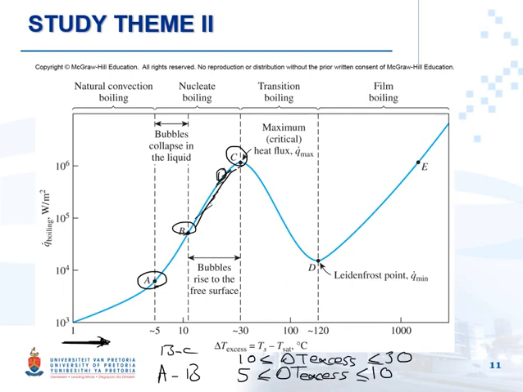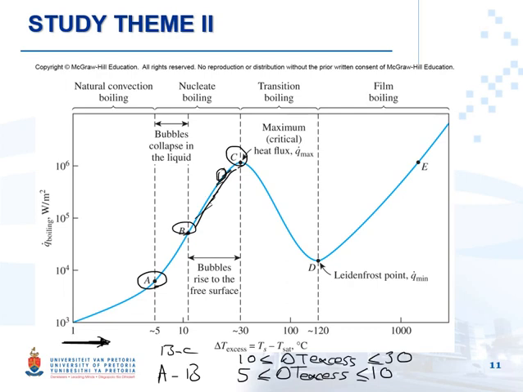But after point C, as you can see, we call it transition boiling. Q dot boiling drops. But why does that happen? As the excess temperature goes beyond point C, the heat flux decreases. Why? Actually, I mentioned the reason when I was speaking about nucleate boiling.